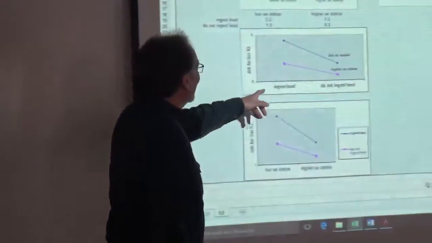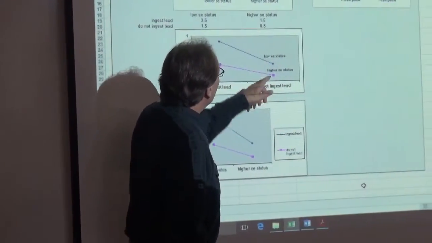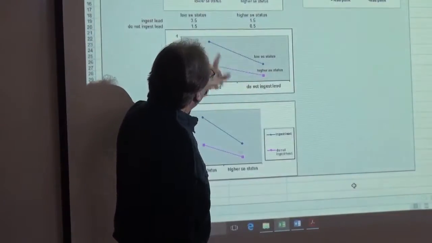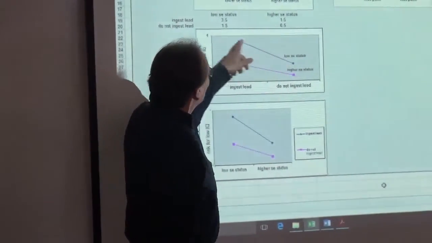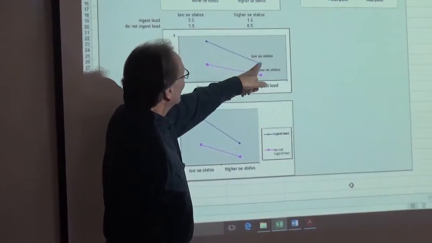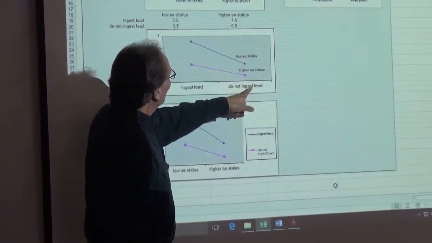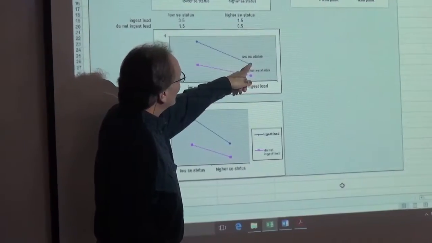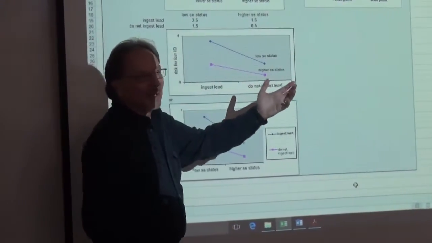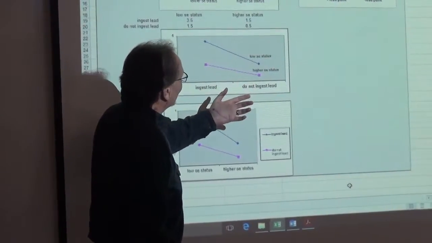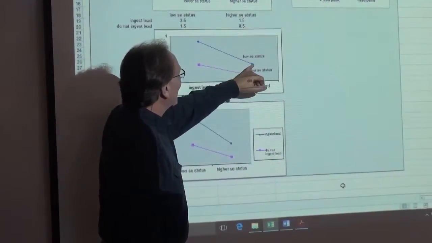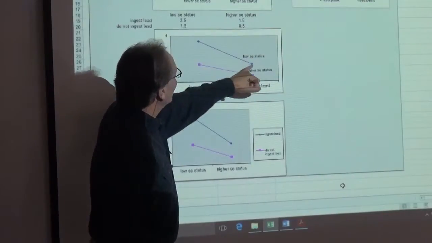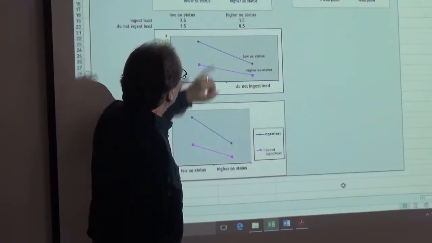So we have on the abscissa here the ingest lead or do not ingest lead, and then we have a socioeconomic status line. The line for lower socioeconomic status shows that for those who don't have access to lead ingestion, say they have project housing that doesn't have lead paint in it, versus the ones who do, you have this increased relationship.